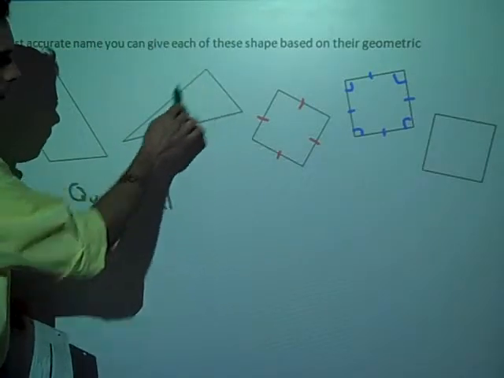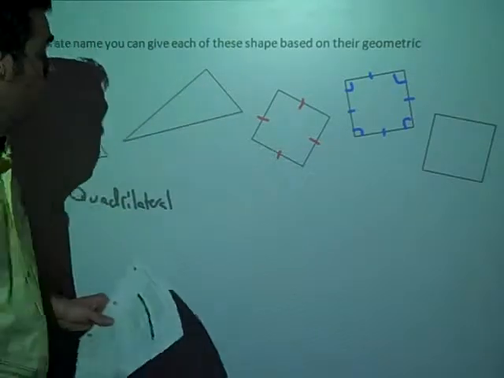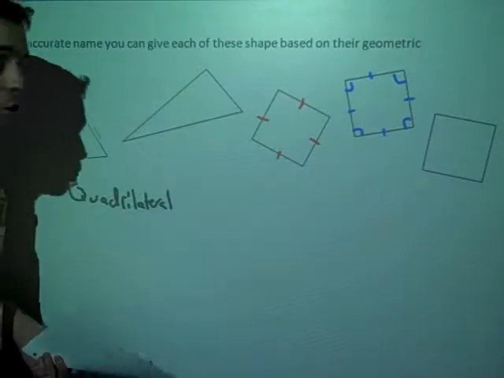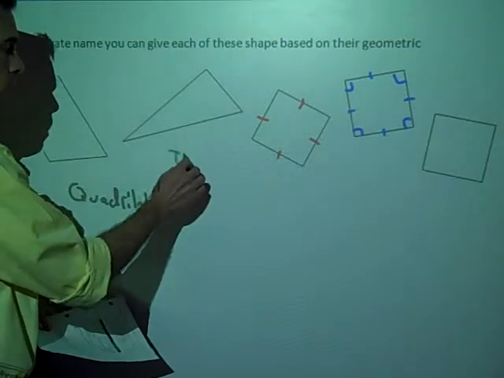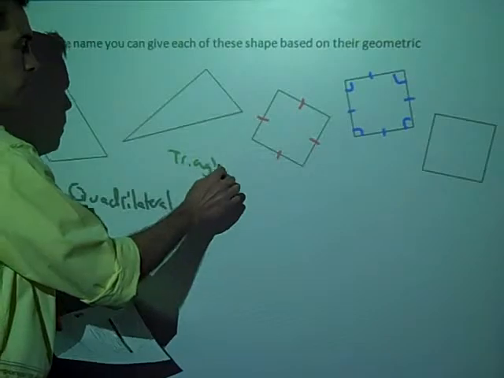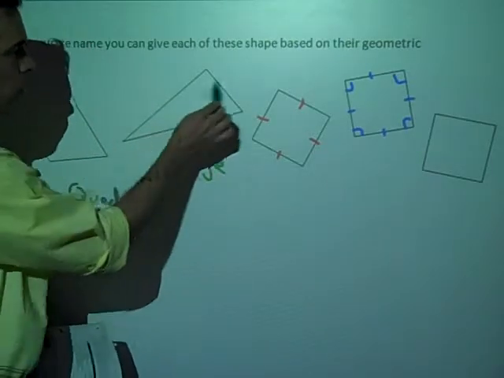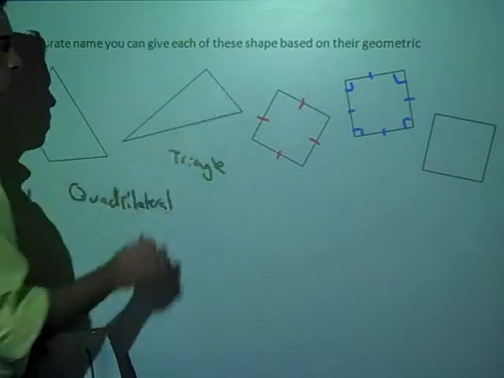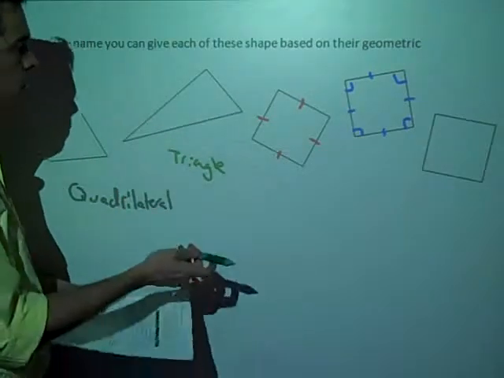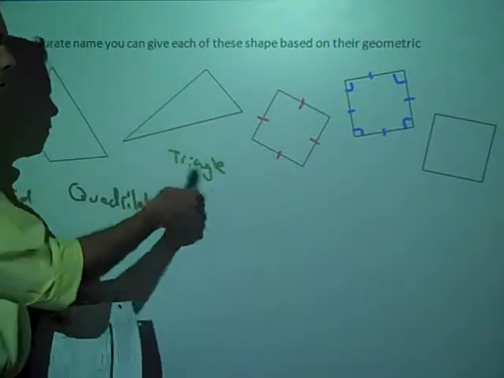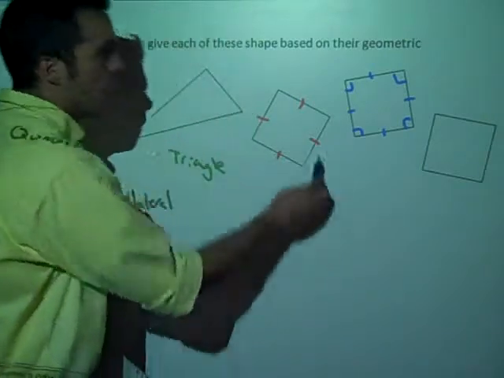This looks like a right angle, but I'm not given the right angle symbol, so I can't call that a right triangle. I don't know. I just have to call it a triangle. Trust me, that says triangle. I also don't know if any of these sides are the same length, so I can't call it scalene or isosceles. I don't know. So I just call it a triangle.